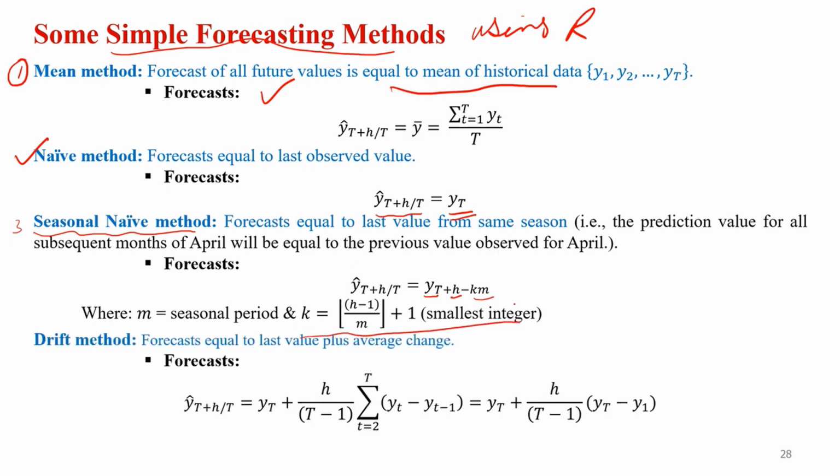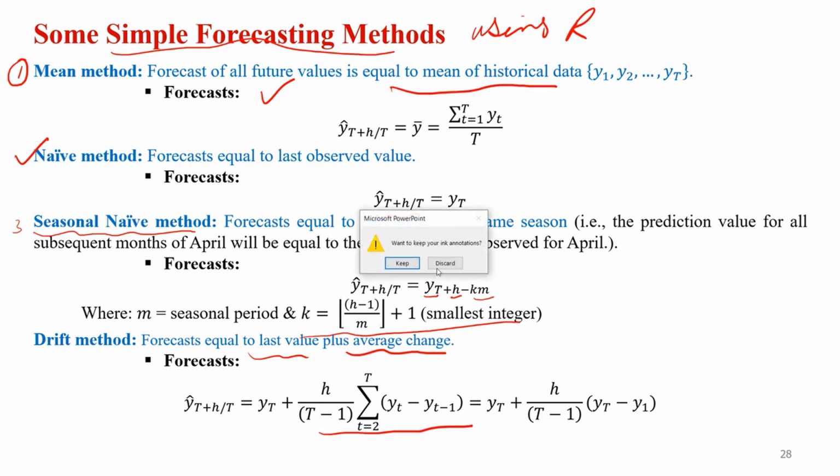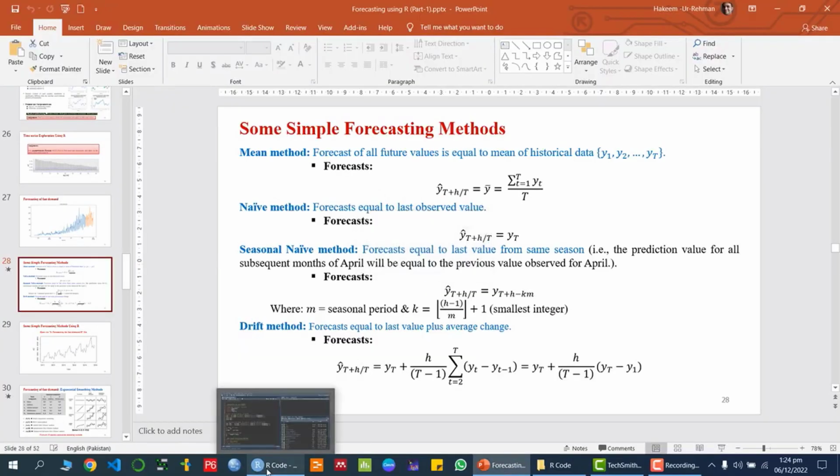In the drift method, the forecasted value is equal to the last value plus the change over time. This is the change we are calculating, or you can say drift. So let's apply these methods using R, and then we will also calculate the forecast errors.